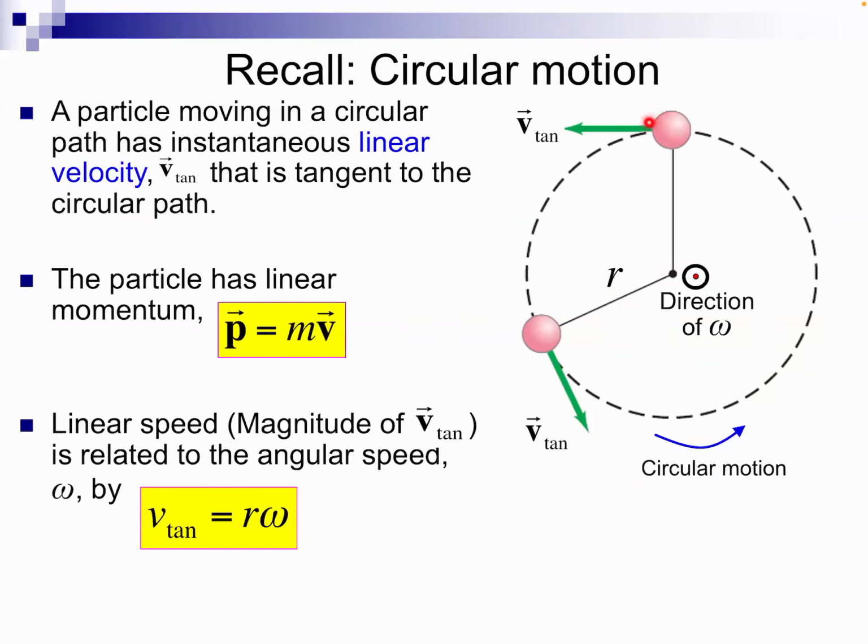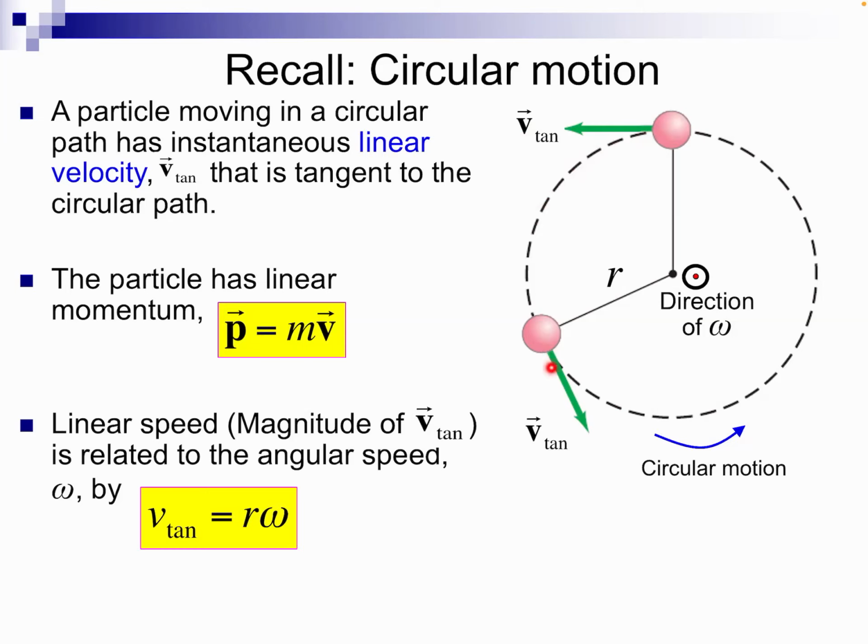When the object undergoes circular motion like so, it will have some linear velocity, and the linear velocity is tangent at each point of the circular path. If the object is at this point, then the linear velocity will be pointing to the left, tangent to the circular path.